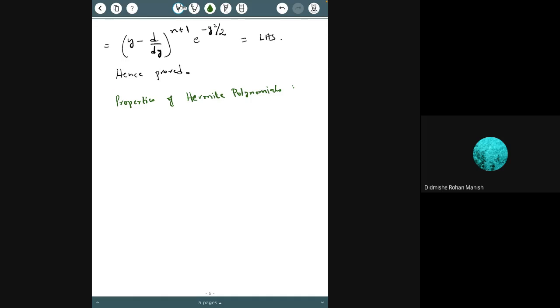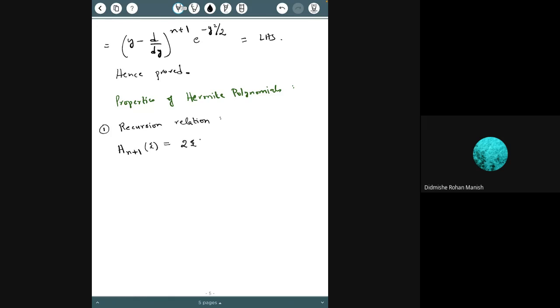Then some properties of the Hermite polynomial. There are some interesting things. One is the recursion relation. An n plus 1th order Hermite polynomial can be written in terms of two simpler Hermite polynomials.